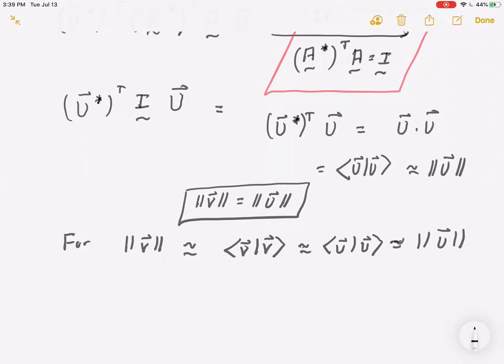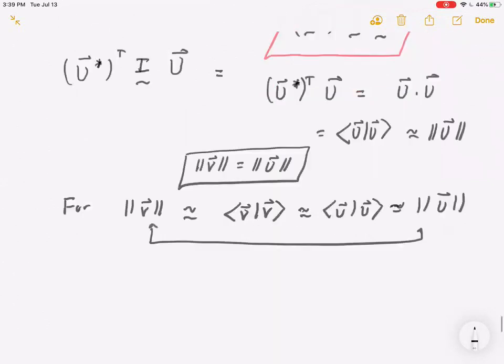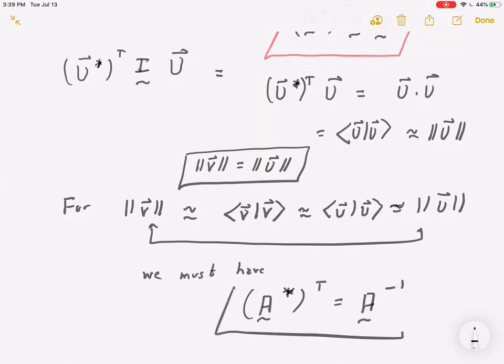So for these guys to be equal, we must have the following equation in play. The transpose of the complex conjugate of A has to equal the inverse of A.